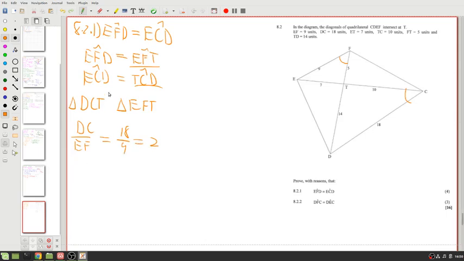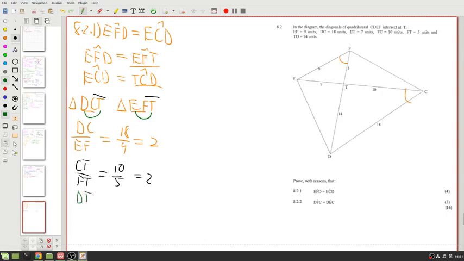Now let's try with CT and FT. So CT to FT is, CT is 10 and FT is 5. So 10 to 5, which is also 2. And finally, let's do one more. Let's do DT and ET.